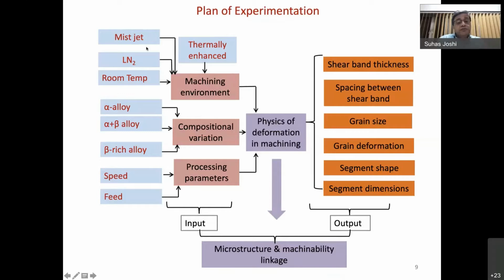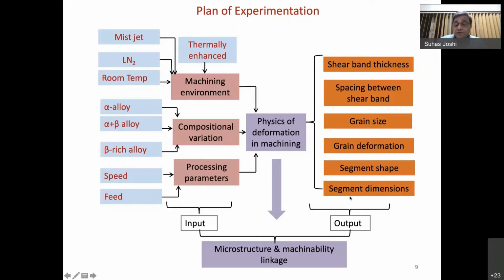We used all kinds of temperatures, minus 70 degrees centigrade, high temperatures up to 300 degrees centigrade, mist jet cooling, thermally enhanced cooling, increasing temperature. We had 3 different alloys of titanium. Speed and feed are the regular parameters. So the machining environment, compositional variation, and process parameters, and we try to understand the physics.